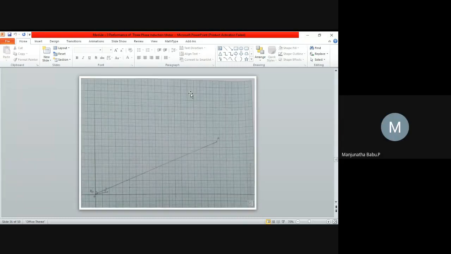So you'll be getting it like this. This is the line OA, which is of 20.26 centimeters. Got it?